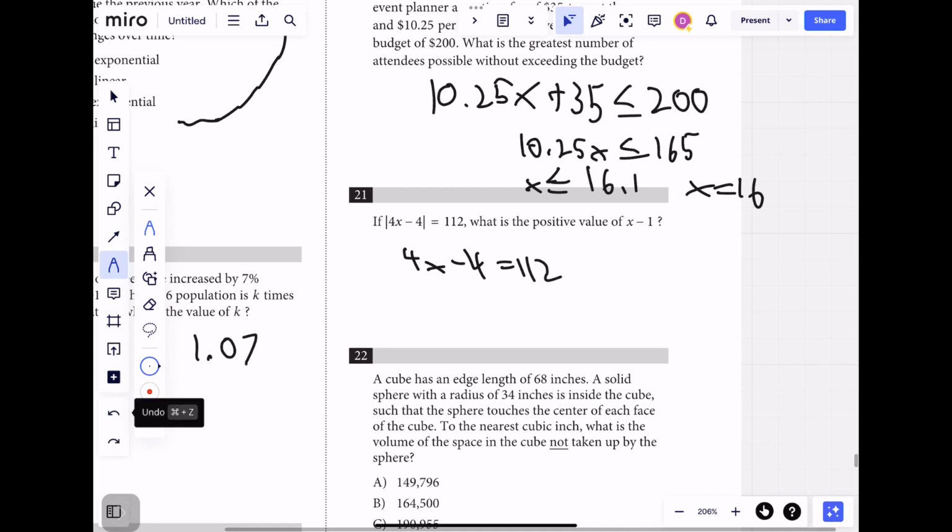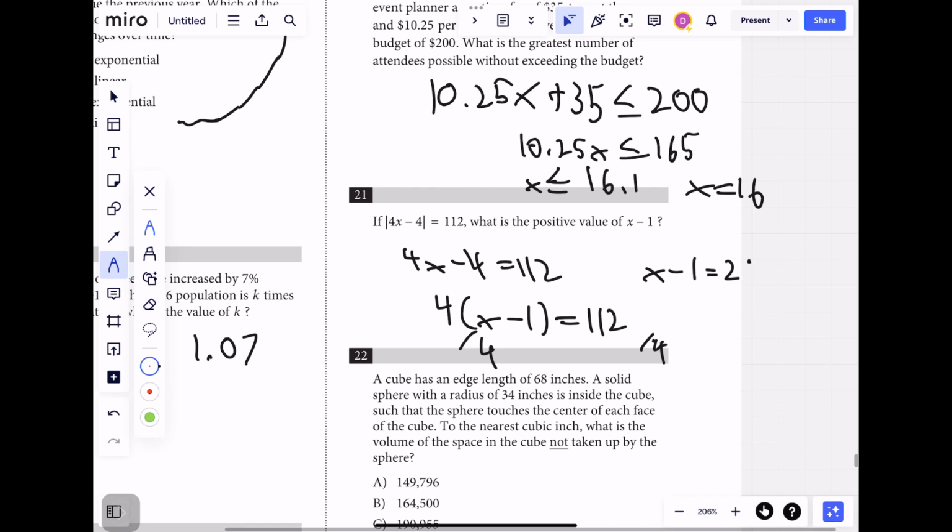That's just distracting us. So 4x minus 4, we can factor it out. It was 112, and you can divide both sides by 4. So x minus 1 equals 29, or 28, I think. Yeah, it's going to be 28.